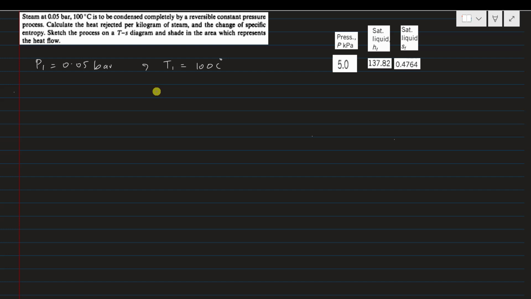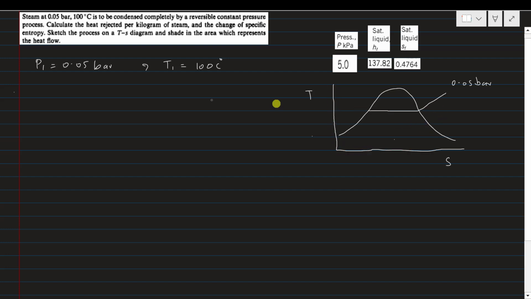So I will make it here. Let me show it. This is the TS diagram for this process. Initially the first state point, P1 T1, lies in the superheated region, so it will be on the right side of the saturated line. So this is our state point 1. After heat rejection and condensation take place, it will touch the saturated liquid line, because in condensation liquid forms.